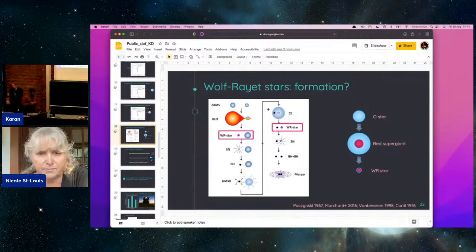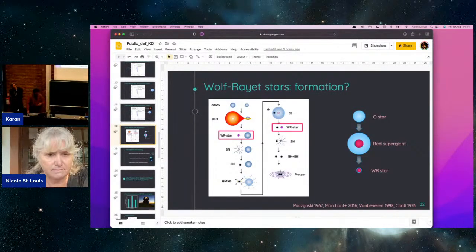If the primary were to undergo a supernova event, and the binary were to be disrupted, and again the questions of kicks are still up in the air, particularly for black holes, then the companion star that was previously ejected could evolve into a Wolf-Rayet star just by shedding its own envelope. That could be another way to have a Wolf-Rayet star that would be a runaway. And we do see a lot of these bow shock nebulae, so it is possible that these came from this scenario.